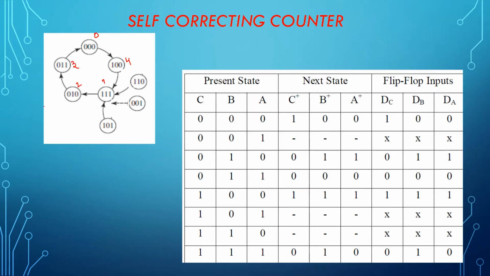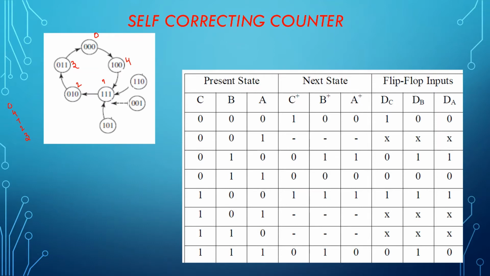So I want my counter to be counting 0, 4, 7, 2, and 3. This is what I want my counter to be doing, isn't it? Normally, I'm speaking frankly about an irregular counter that I designed previously.